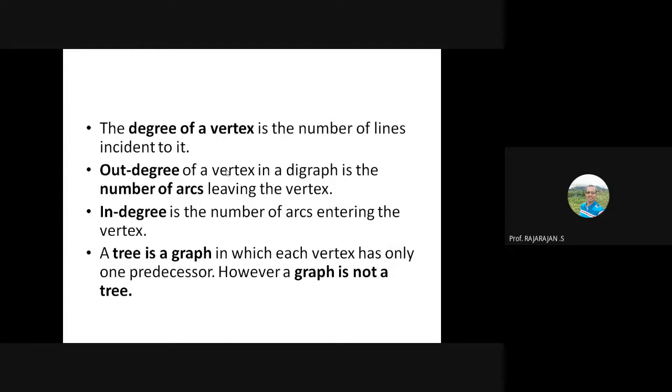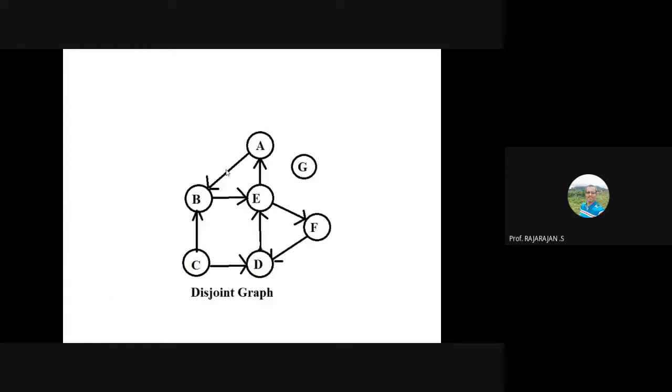And what is the relationship between a tree and a graph? I think by now you would have got a clear understanding of how a tree is different from a graph. The basic characteristic of a tree is that no node can have more than one what?